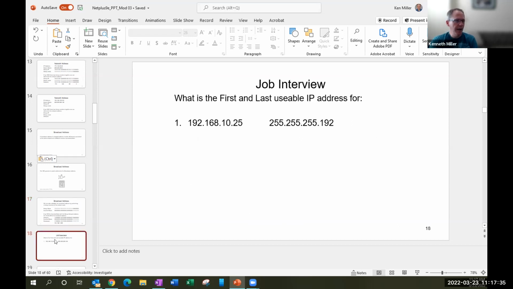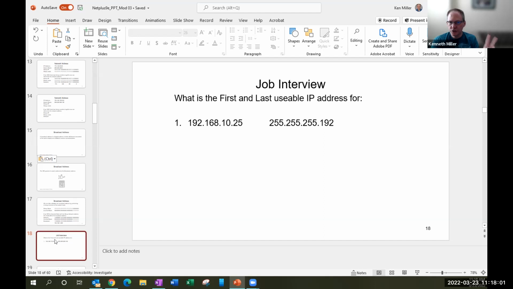If you're on a job interview and somebody asks, what is the first and last usable IP address for 192.168.10.25, and they gave you the subnet mask of 255.255.255.192. Notice it's not 0 in that last octet, it's 192. So it's not 8 zeros in that last octet.